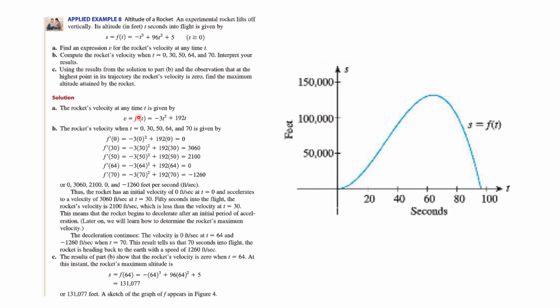You really should solve this velocity equal to 0 and find that t is 64. But then you take the 64 and you plug it back into the function that tells you the height, and you do the calculation, and there is your answer, and that is in feet.